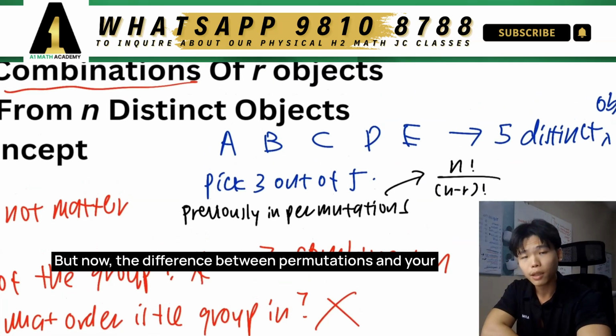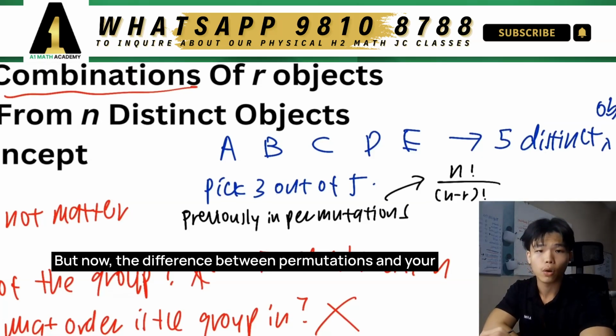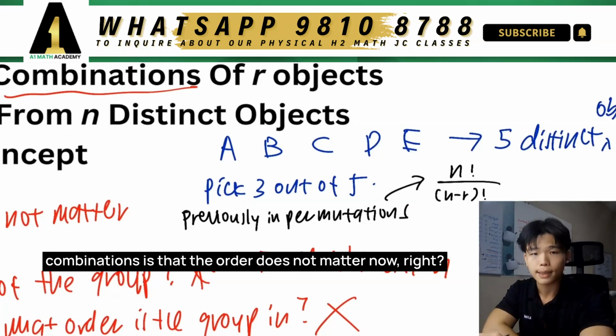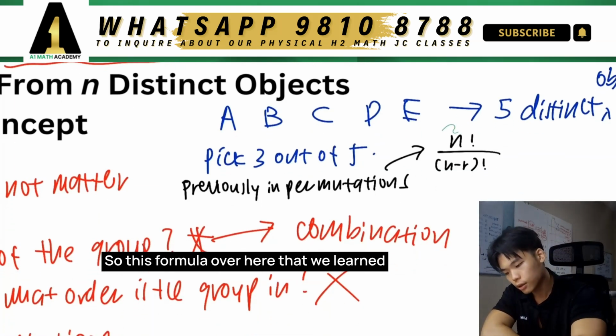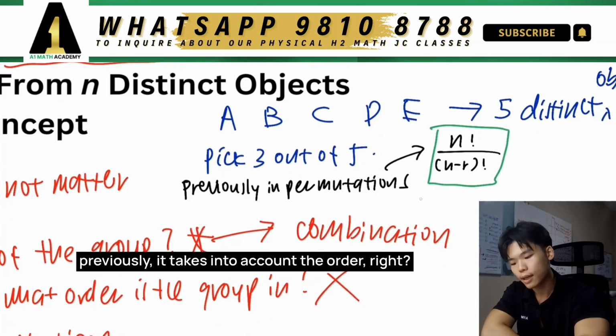But now, the difference between permutations and combinations is that the order does not matter. So this formula that we learned previously takes into account the order.